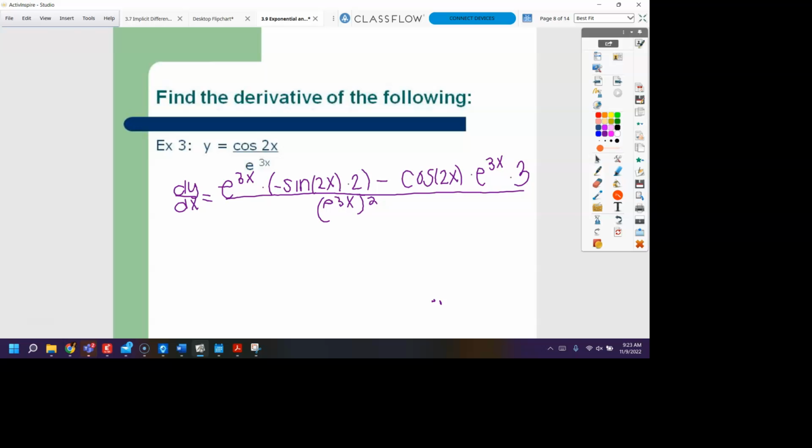Clean it up. What do you have that occurs in this problem? We have a PCF. E to the 3x occurs twice. So we're going to factor that out.